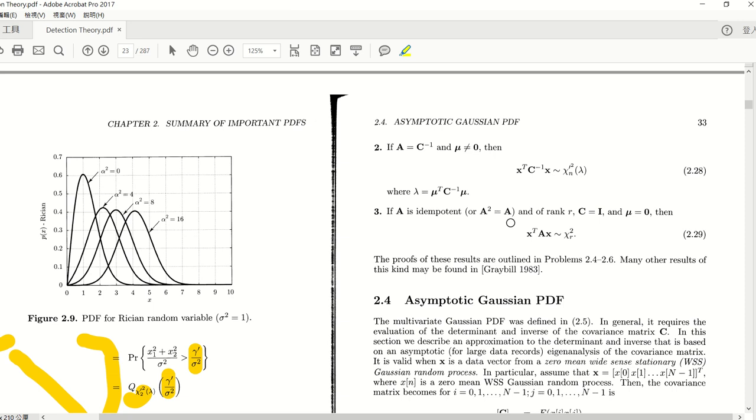That means it only has 8 non-zero eigenvalues. Alright, and then C is equal to I and mu equal to 0. And then of course this is also a very special case. And then you get x transpose A x distributed chi-square to the degree R.